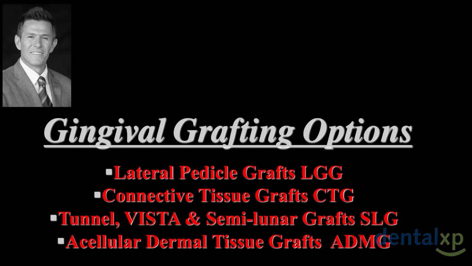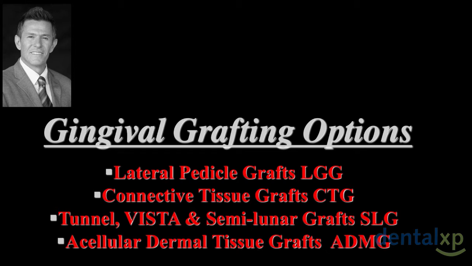So when we think about current trends in gingival grafting, I think all of us have to consider the fact that we're still using a myriad of old techniques, then also adding onto them some of the newer techniques. We still want to consider lateral pedicle grafts and connective tissue grafts of all kinds, which is still the most commonly used.